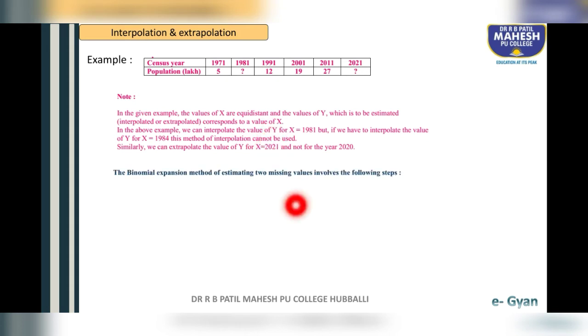Okay, so the binomial expansion method of estimating two missing values involves the following steps. See here students, for all these examples we have to find two missing values. Students, you already studied these examples in your first year, in the interpolation and extrapolation chapter.